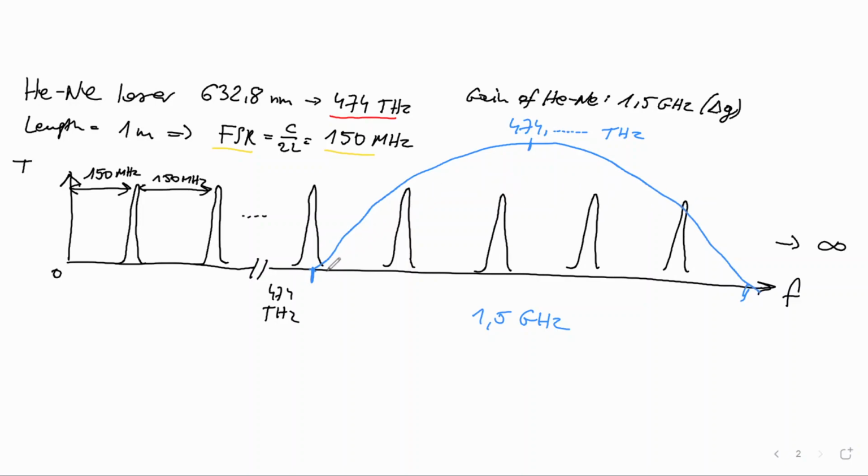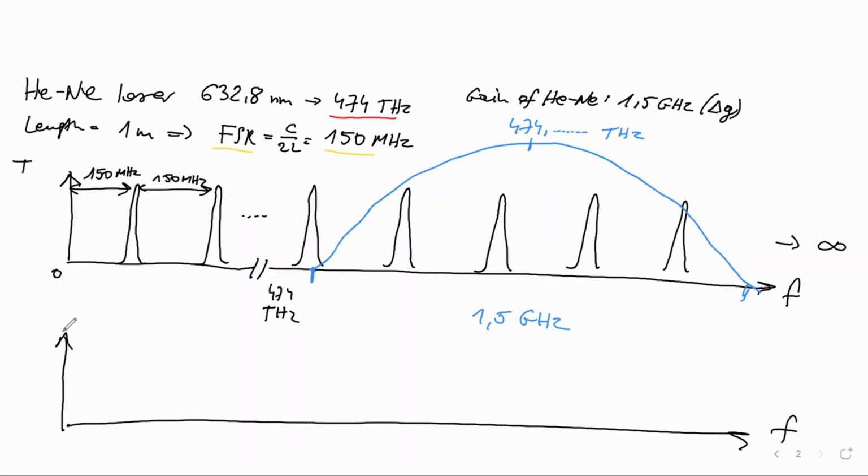Since the gain is broad enough to support emission of many longitudinal modes, if we look at the spectrum of the laser that will be emitted in this situation, so this is the power of the laser, it will look like that.